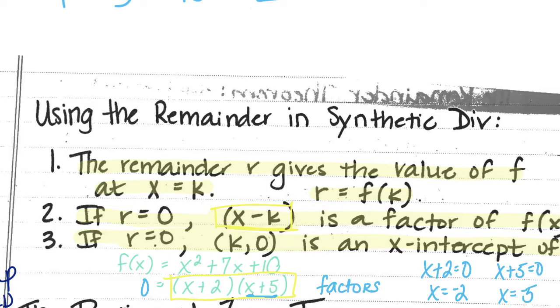These are called the zeros. So right here, these two are called zeros. But the last thing they're telling us is if we put them in little points, -2, 0 and -5, 0 are also called x-intercepts.